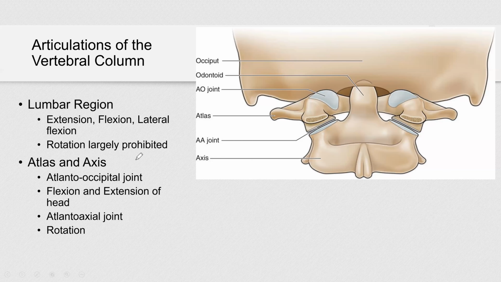So this one is the atlanto-occipital joint, and the atlanto-axial joint is between C1 and C2. Both are synovial joints.